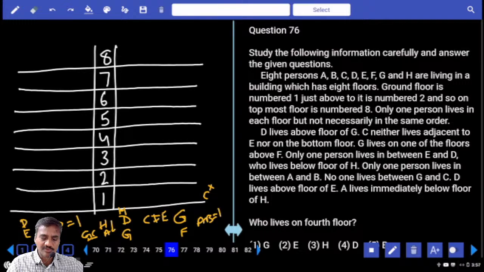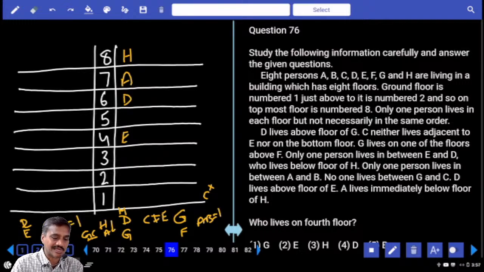D lives above the floor of E. A lives immediately below the floor of H. And so H and A together. Now H, A, D and G, isn't it? Now H, A, D, and there is a blank over here. Then if you take H at this place, then A is here and D is here.